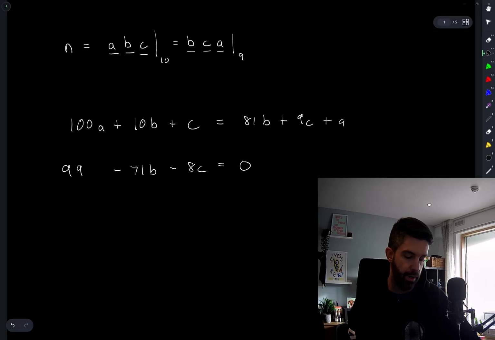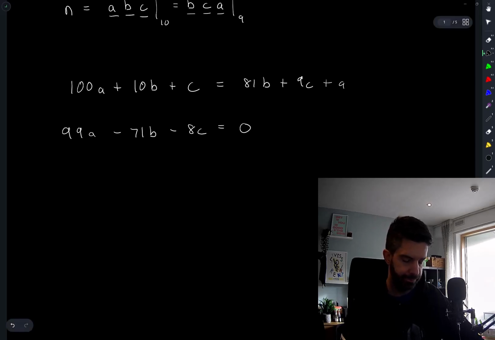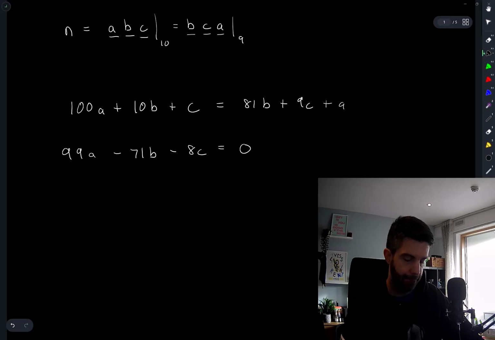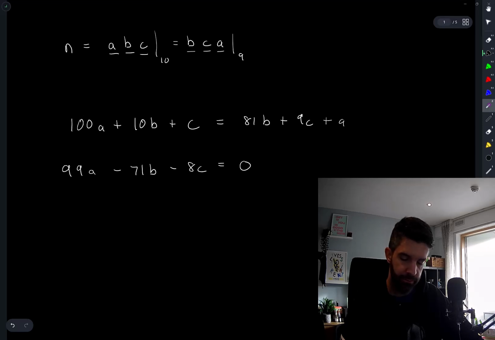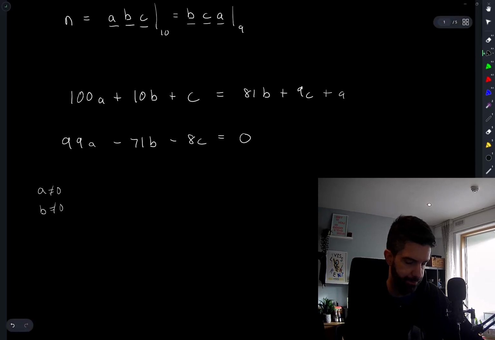From here on, it might just be a case of a little bit of brute forcing. Okay, so A is not 0. And B is not 0. And they're numbers from 1 to 8.